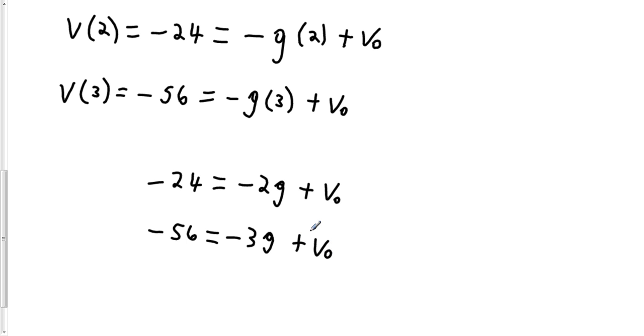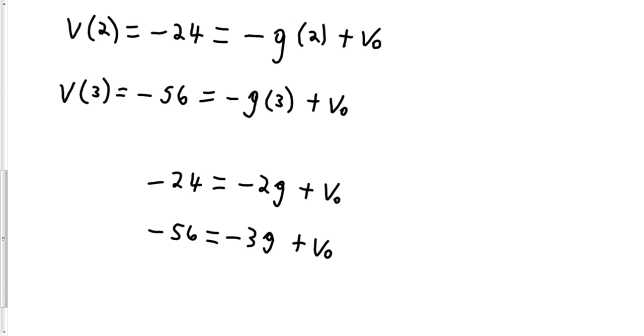So here I have a system with two unknowns, g and v naught, and I also have two equations, so I can either use substitution or elimination to solve them. Now, what I'm going to do here is I am just going to use substitution.